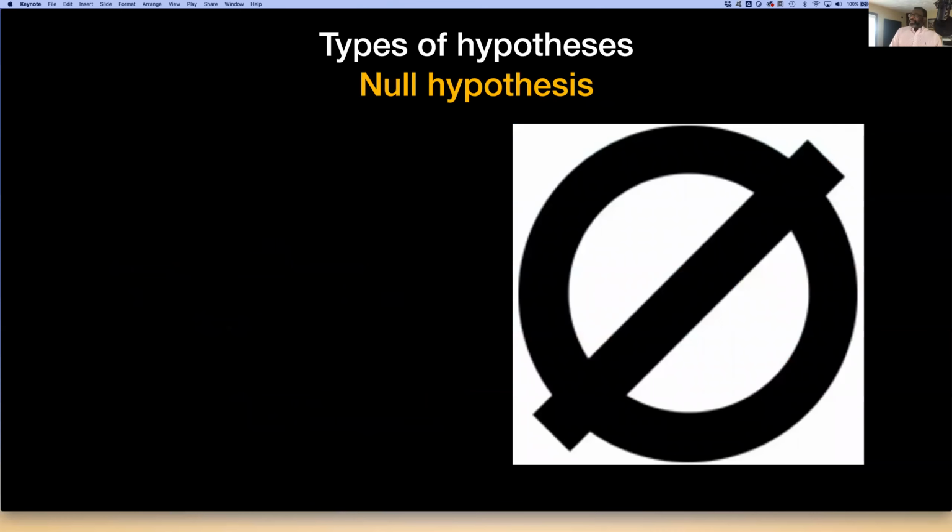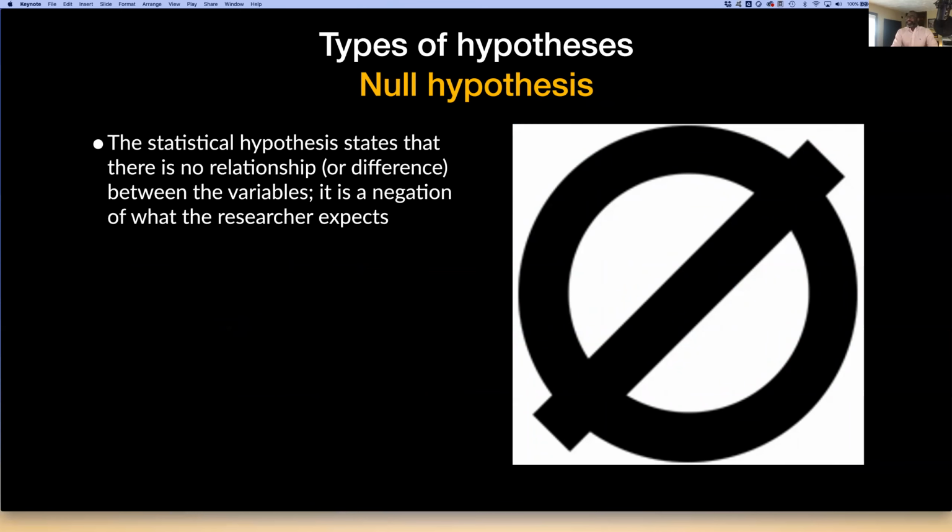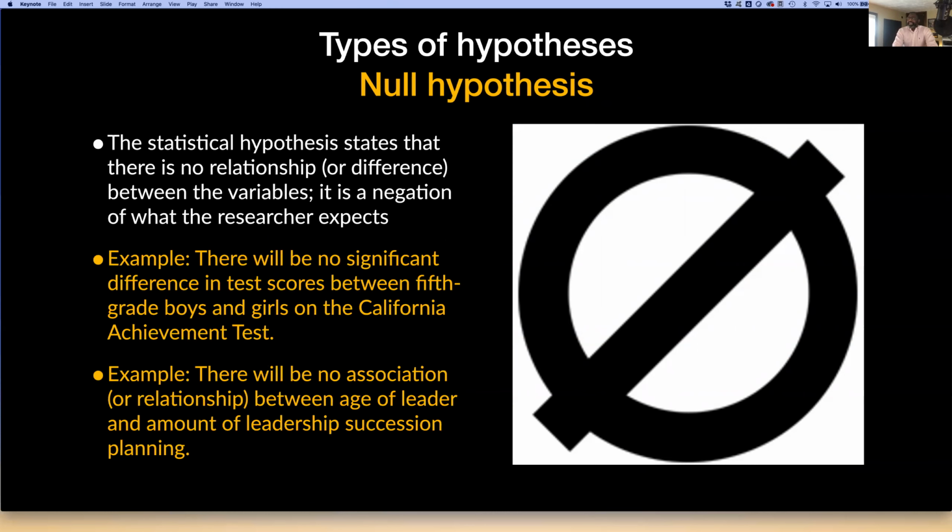Okay, this is the next slide. The statistical hypothesis states that there's no relationship or difference between the variables. It is the negation of what the researcher expects. There will be no significant difference in test scores between fifth grade boys and girls on a California achievement test. And so the kind of statistical test we use here is a t-test.